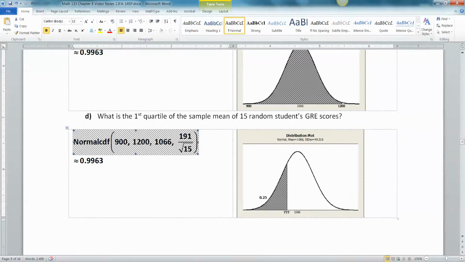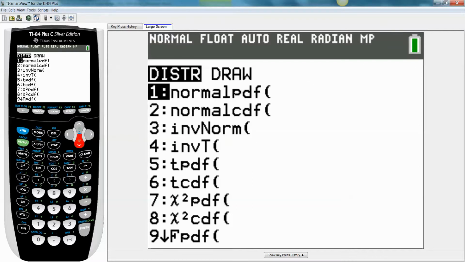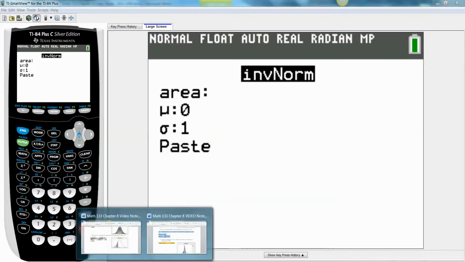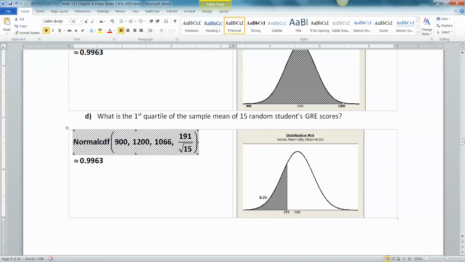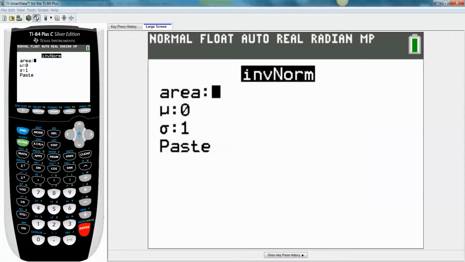So let's go back to the calculator and look at that. All right, so second distribution. Inverse norm is number 3. Now it asks us only for 3 things: the area, the mean, and the standard deviation. Now the area, remember, has to be the left tail area. So when you look at your picture, which is one of the reasons you draw a picture, you can see that the left tail area is 0.25. So you're going to enter the left tail area value of 0.25.